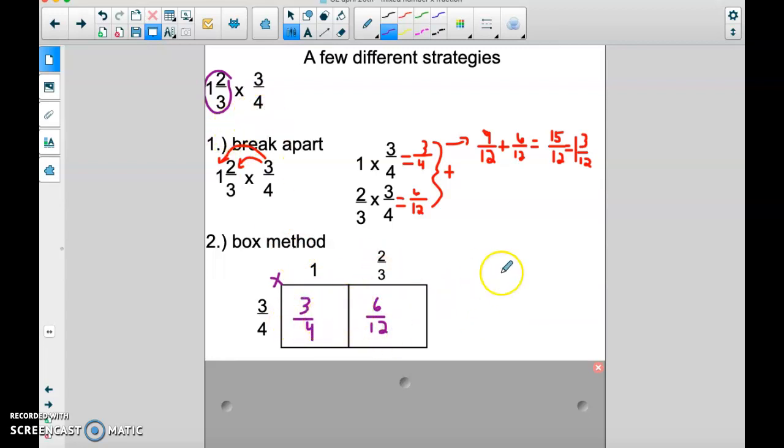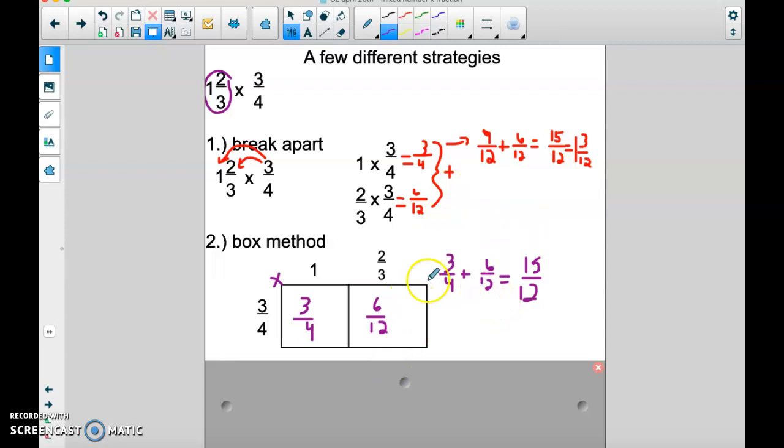And then we have to add this stuff together again. And I'm not going to go through all the steps because they're the same steps as we just did above. But you end up getting 15/12, which we said was equal to 1 3/12.